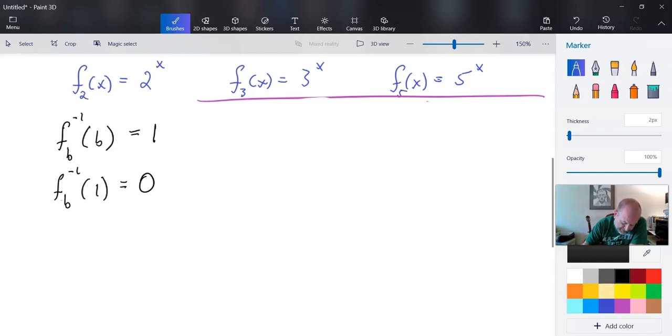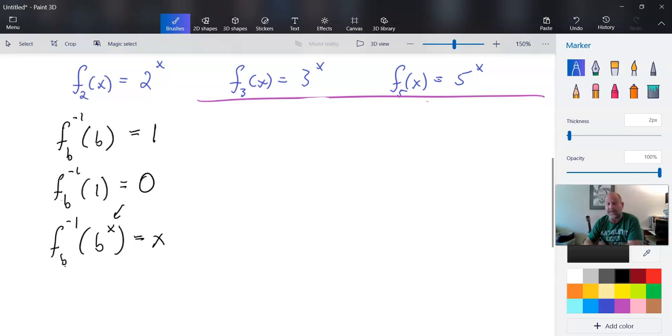The other thing that's kind of interesting is if I look at the inverse base b of b to the x, right? We saw that with the 16 thing. b to what power is b to the x? Well, again, it's the exponent, right? So this is actually the inverse property.